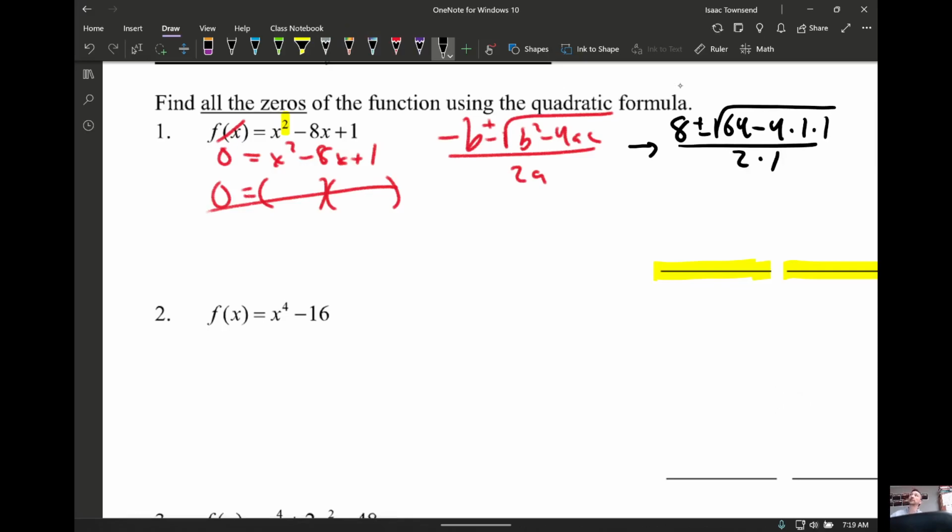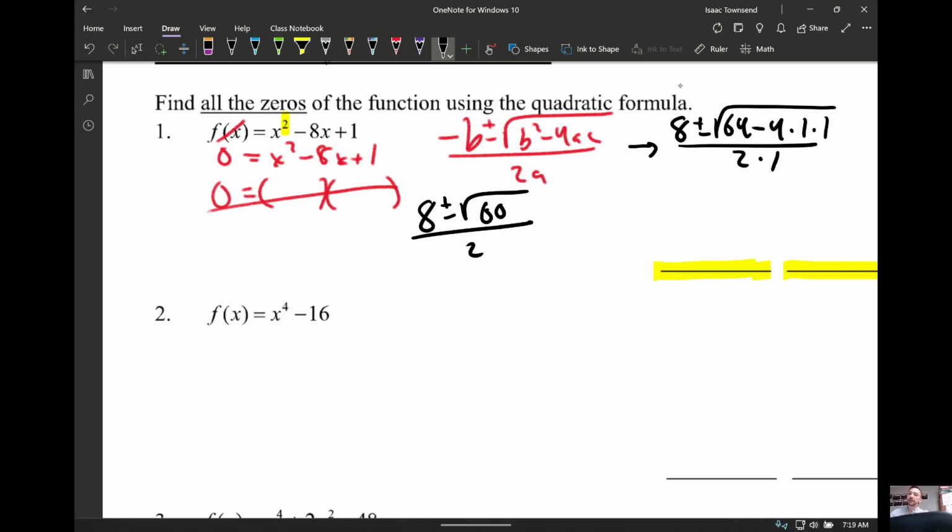Plug all of those in accordingly. Be careful with the discriminant work. So as much as I tried to emphasize that, that still was a sore spot on your last test. And you guys even had a calculator, so you could have just typed it all in your calculator to double check it. But looks like that would be 60.